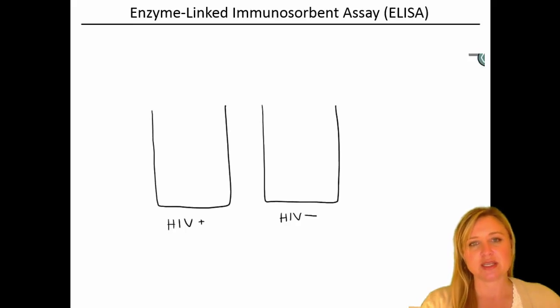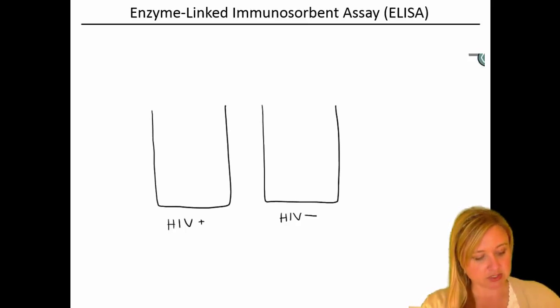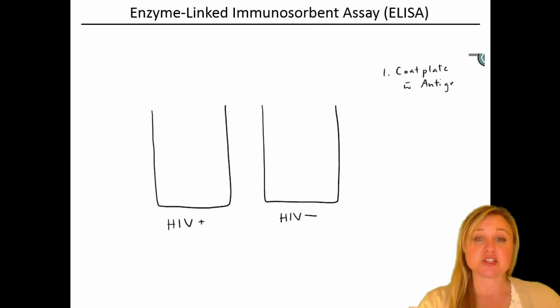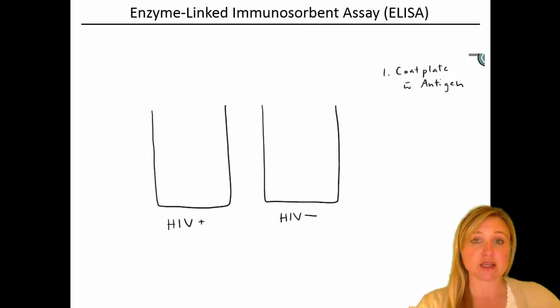Now, we're not going to put the entire HIV in the wells, but we're going to put HIV proteins in the wells to act as antigen. Okay, so step one is to coat the plate with the antigen.